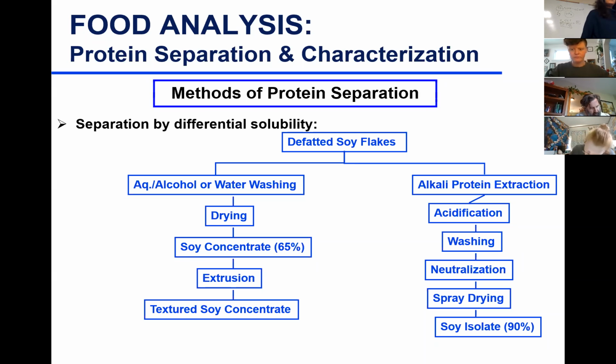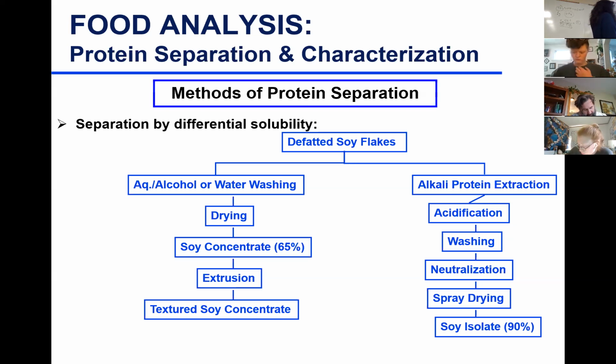Protein emulsifies with the fat and it's hard to separate it. So we remove the fat and we have a defatted flour. If you want to produce just a concentrate, that means you want to remove the soluble sugars, because in soy there is no starch. There's fiber, soluble sugars, protein, salts, and that's it.